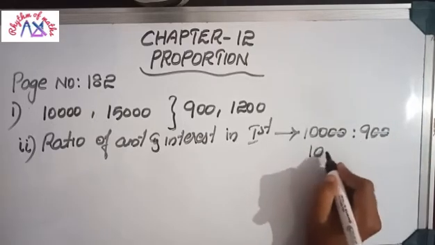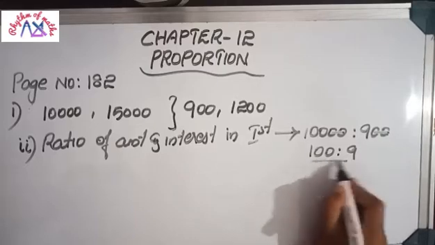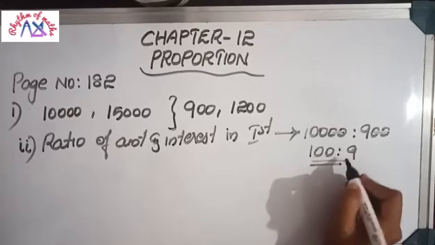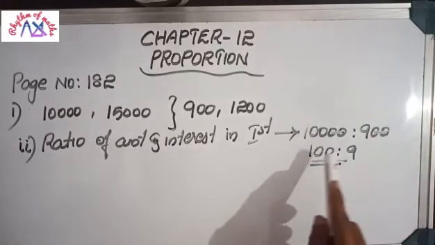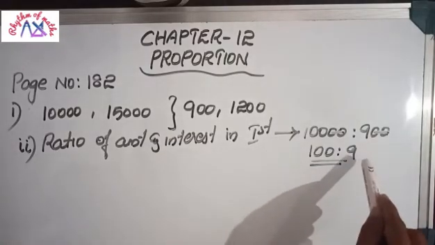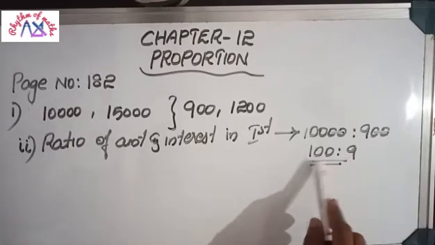So the answer becomes 100 is to 9. Here no need to simplify, keep it like this, because for the third sub question we need this. 100 is to 9 means for every 100 rupees, 9 rupees is the interest.